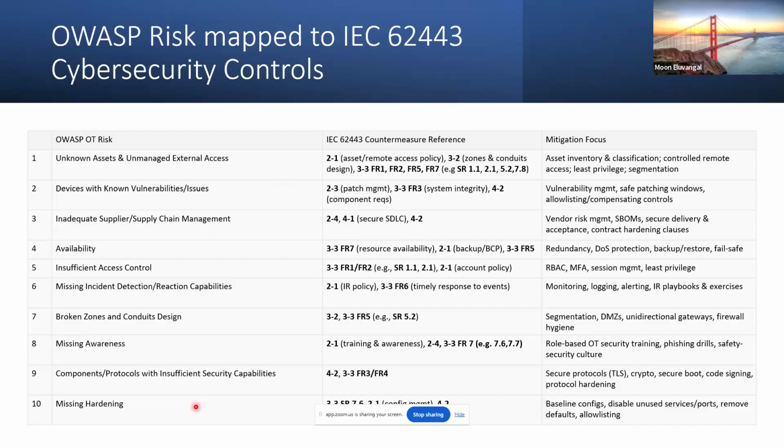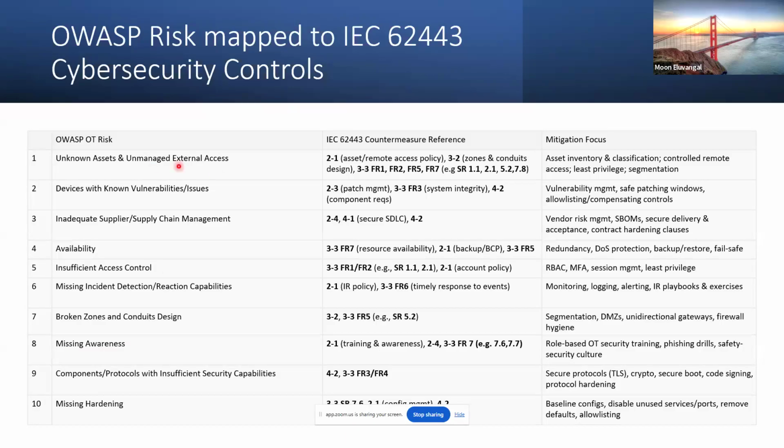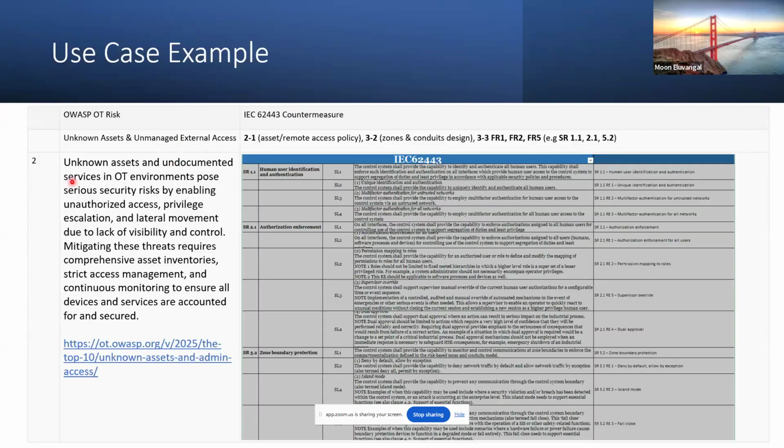And in the next slide, I am taking the first one. So the first risk, which I have tried to summarize. What does it mean by unknown assets and unmanaged external access, which I already kind of explained to you, right?